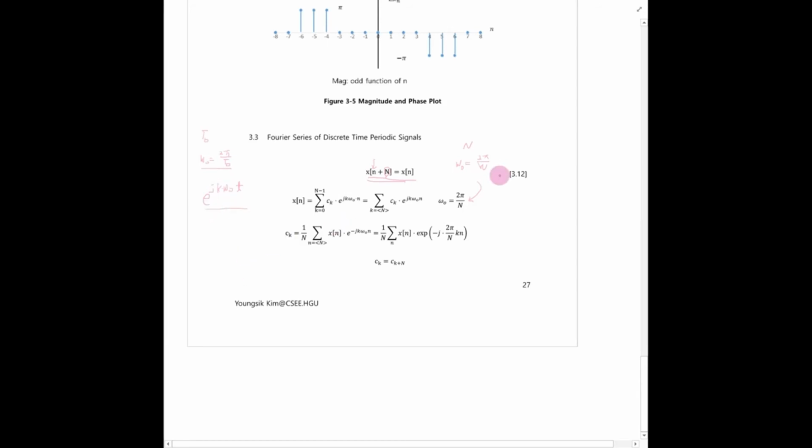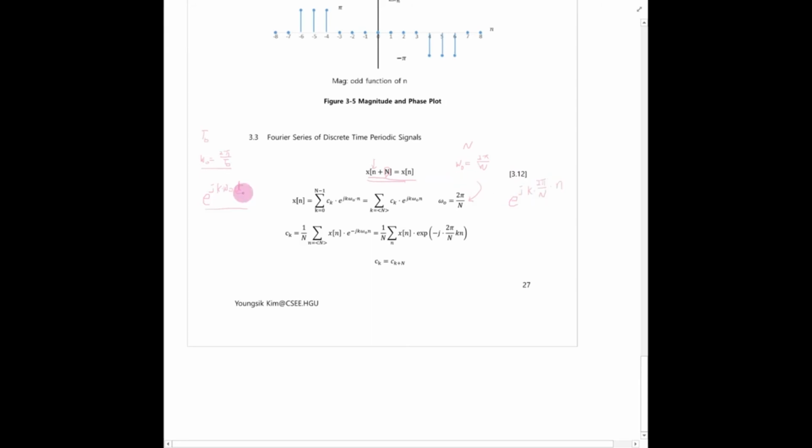But in the discrete domain, the same complex exponential can be expressed in this way: e to the j k times 2 pi over N times n.